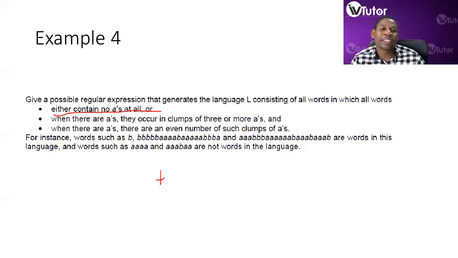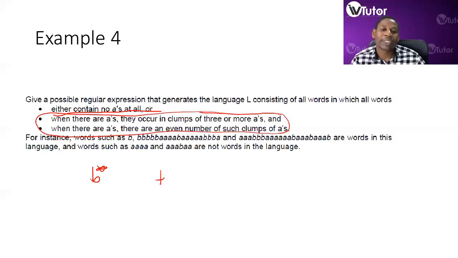So the first part says contain no A's at all. So we've got that. And then the second part, where there are A's, they occur in clumps of 3. And so this is a joint condition. These two conditions go as one.